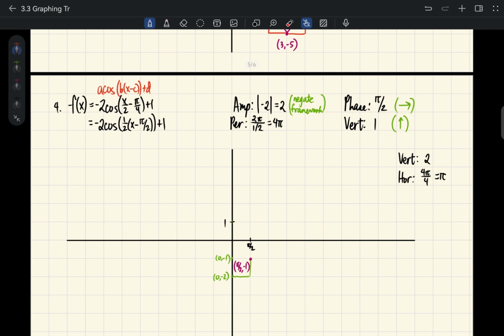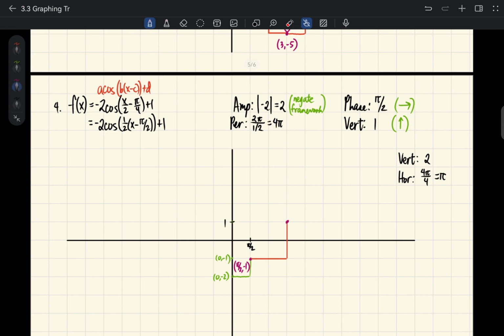So first step in drawing the hat is we move pi units rather, since our horizontal movement is pi. So we move pi units to the right and move 2 units up. So we have this point right here.